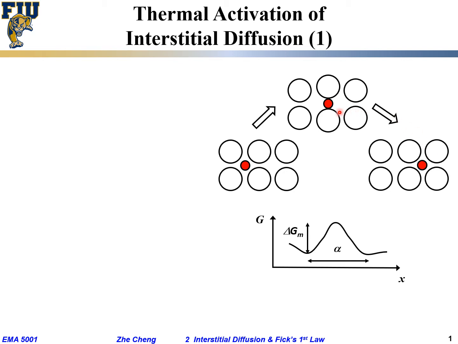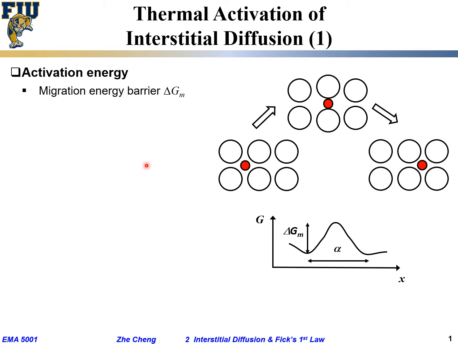But in between, do you see it must be sitting roughly something like this at a peak site. And from the peak to valley, we have this delta GM. This delta GM, we call it activation energy. We can understand it as a so-called activation energy or migration energy barrier.